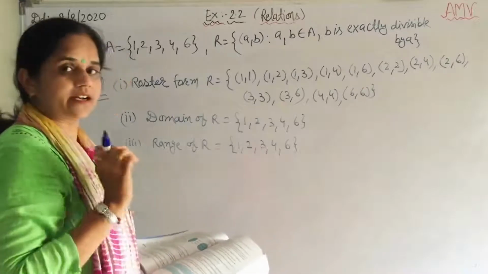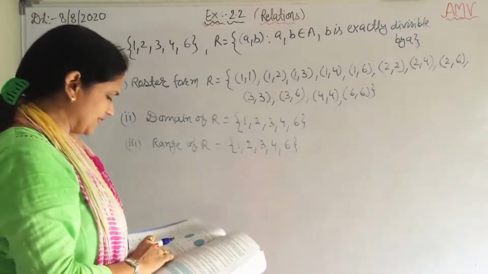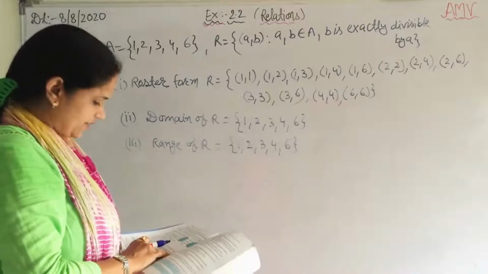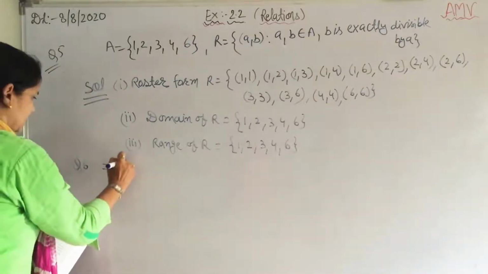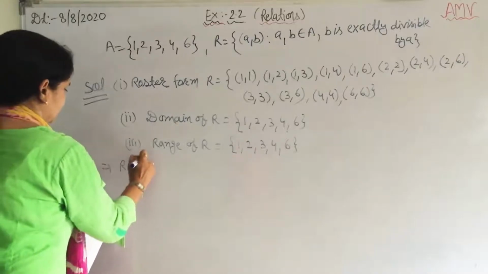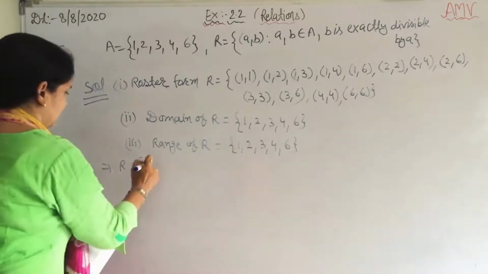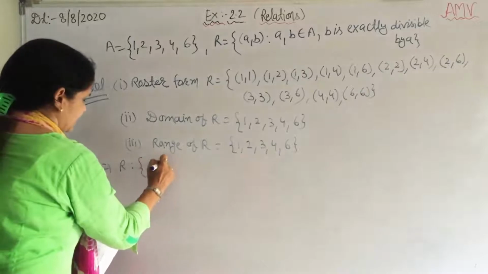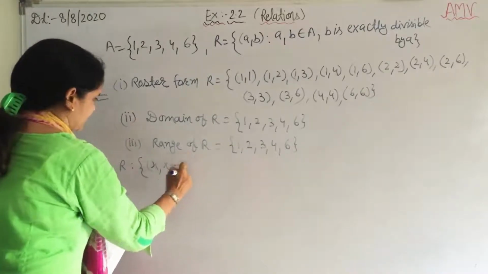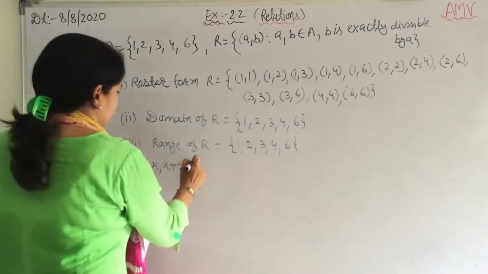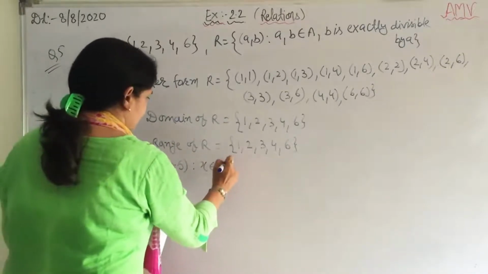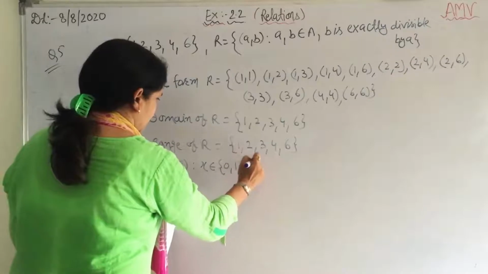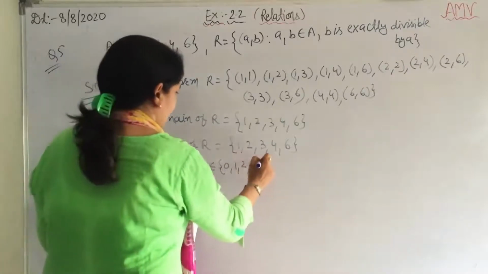Now move to the next question. The question is to determine the domain and range of the relation. Here the relation R is defined by (x, x plus 5) such that x belongs to 0, 1, 2, 3, 4 and 5.